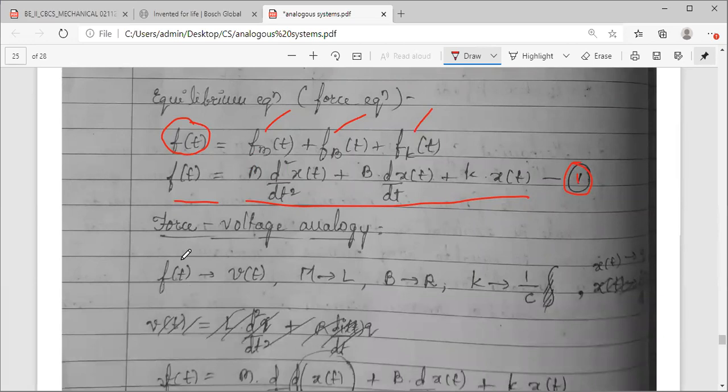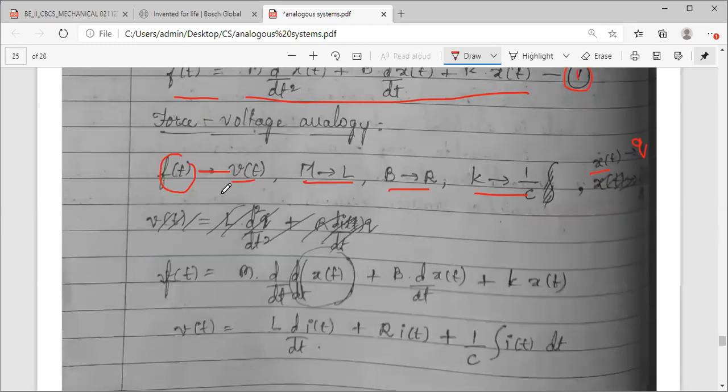Force is replaced with the voltage, mass is replaced with the inductance, damper B is replaced with the resistance, K spring is replaced with 1 by C, and X of T, that is displacement X, is replaced with, hope it is visible to you, Q, charge Q. Okay, the analogous quantities I have listed. You can cross verify. If any ambiguities, you can let me know.